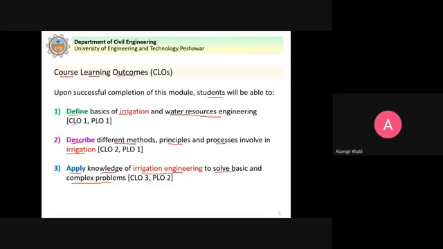Similarly, these CLOs are linked with the PLOs, program learning outcomes. You can see here that these CLOs will contribute to PLO1 and PLO2.